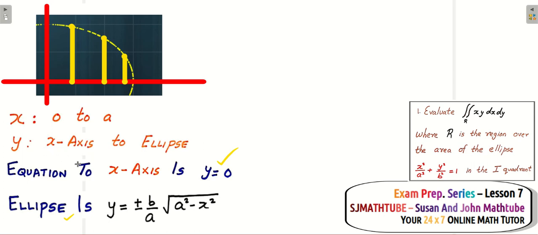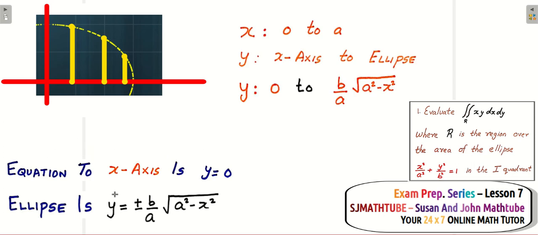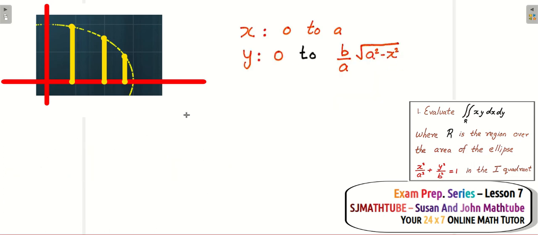Now look at this. We are in the first quadrant, and in the first quadrant y will never be negative. So that's it. Our limits are x varies from 0 to a and y varies from 0 to plus b by a into root under a square minus x square.